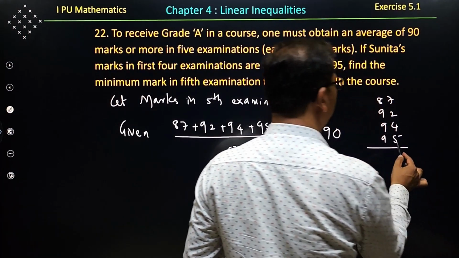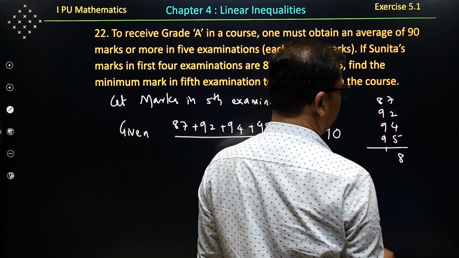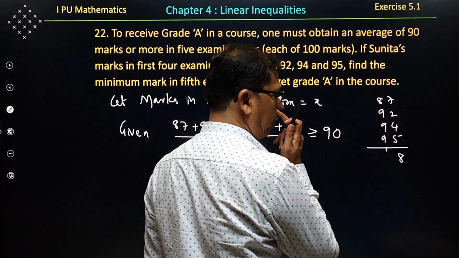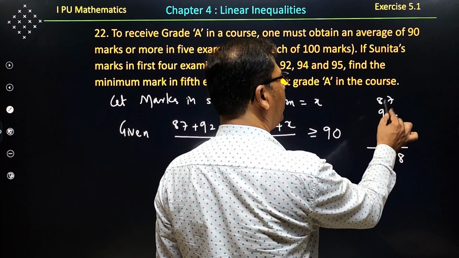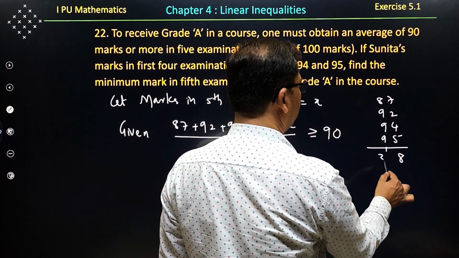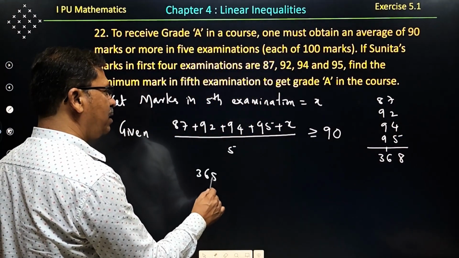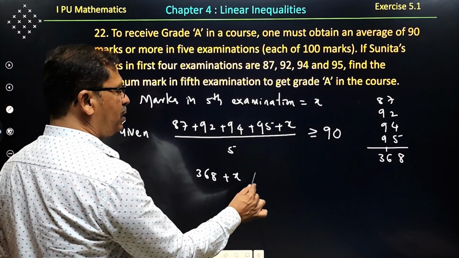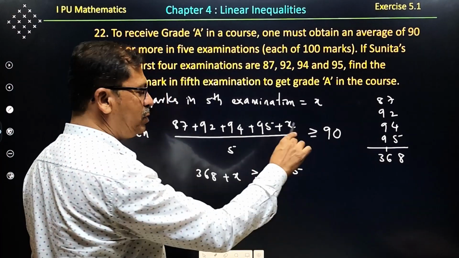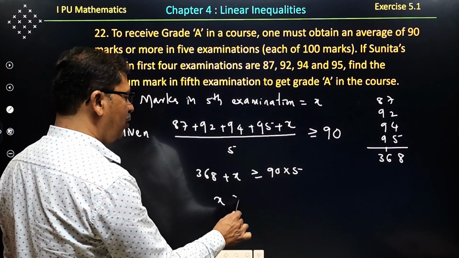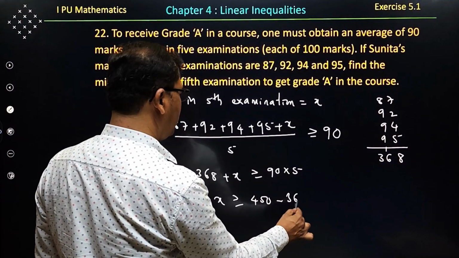5 plus 4, 9, 9 plus 2, 11, 7, 18. Okay. Next, 27, 28, 28 plus 8, 36, so 368 this is. So 368 plus x is greater than or equal to 90 into 5. This 5 is cross multiplied. So x is greater than or equal to 450 minus 368.